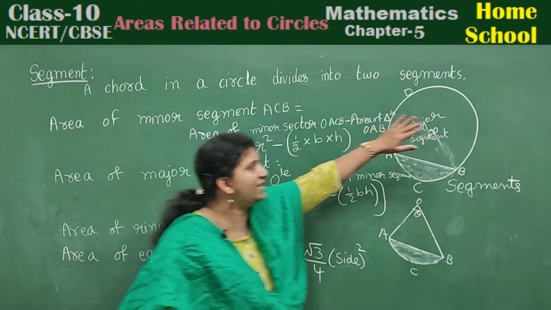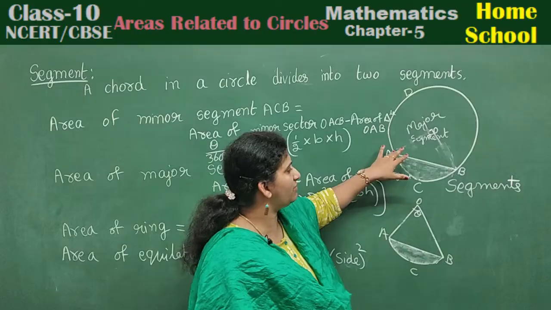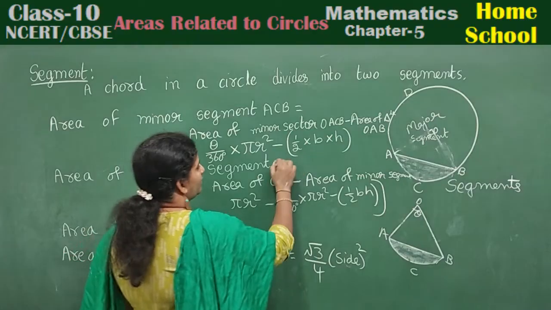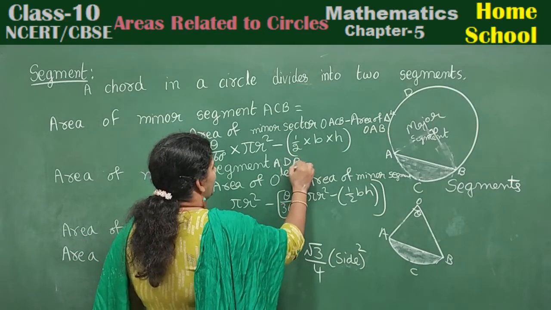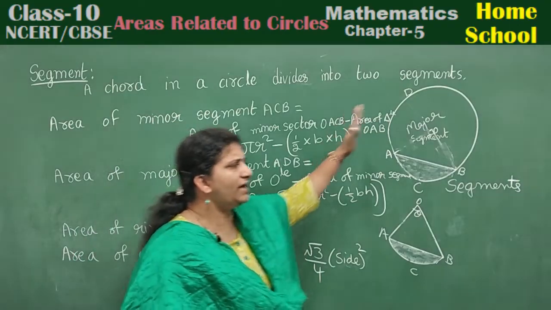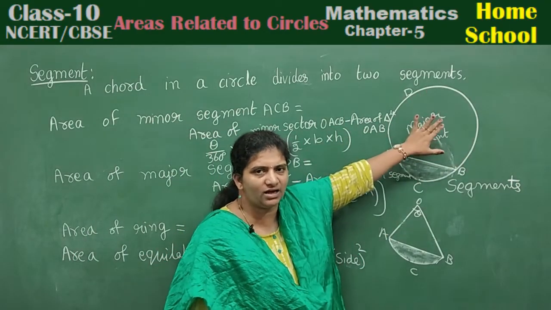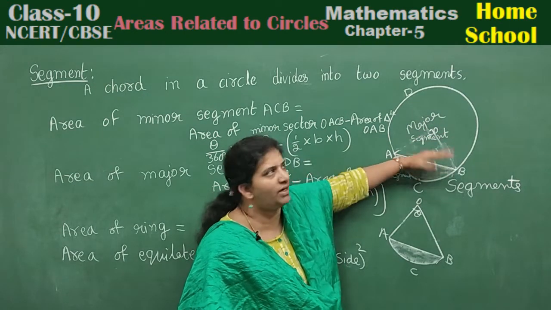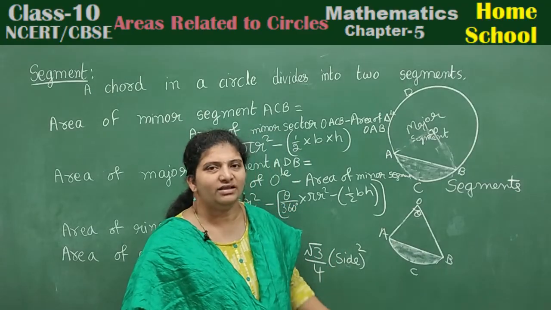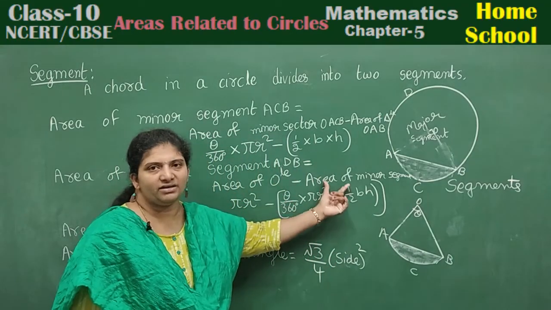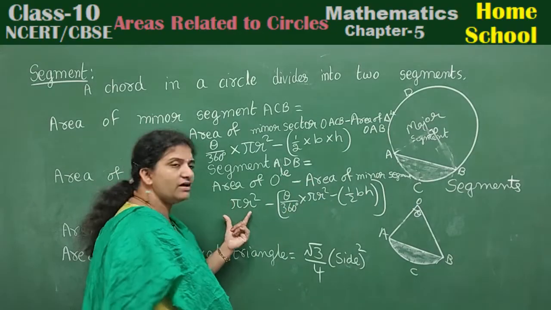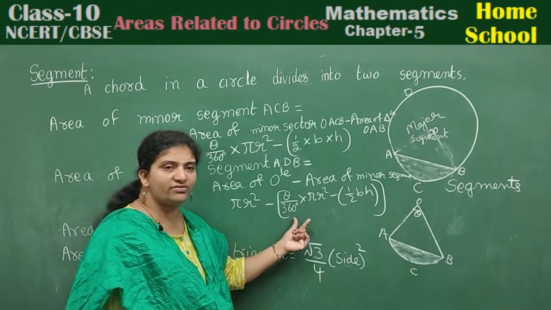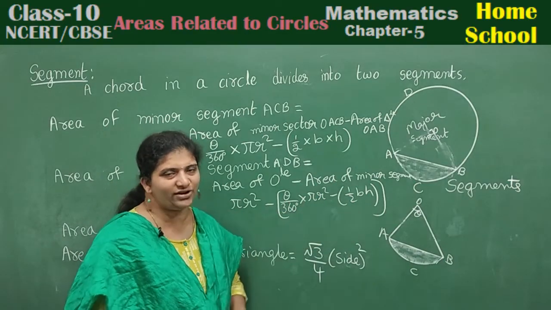Area of major segment ADB means from here to here, it is equal to the complete circle, children. Area of full circle is how much? Pi r square. In the area of the circle, if you remove the minor segment, you are going to get the area of the major segment. That is area of a circle minus area of minor segment. Area of a circle formula is pi r square, minus minor segment area, which is theta by 360 into pi r square minus area of a triangle.